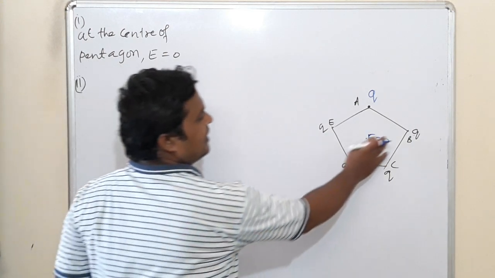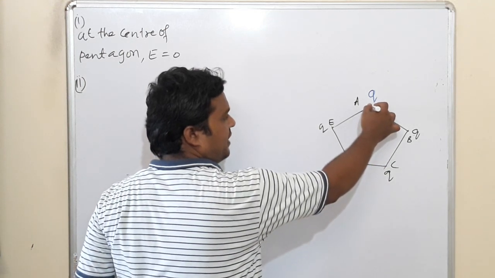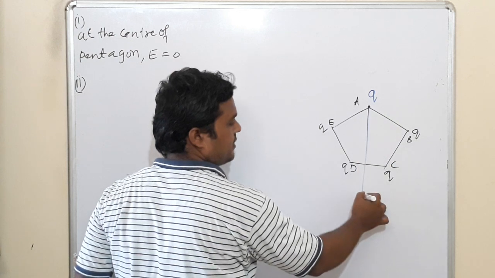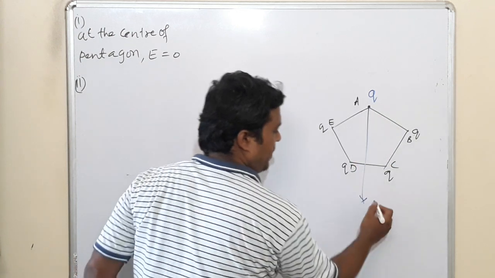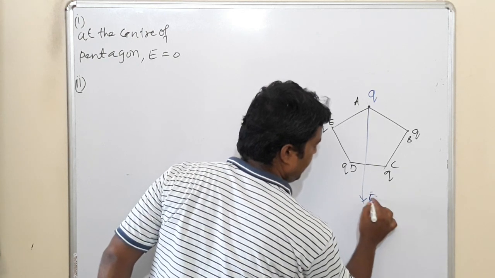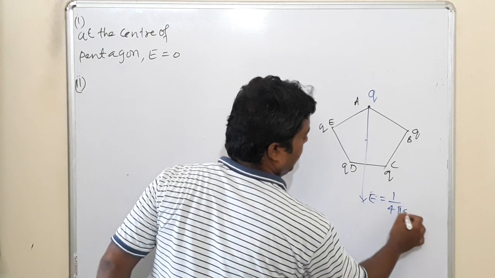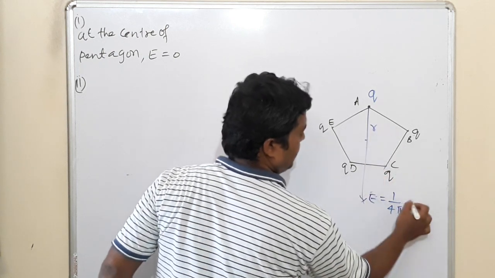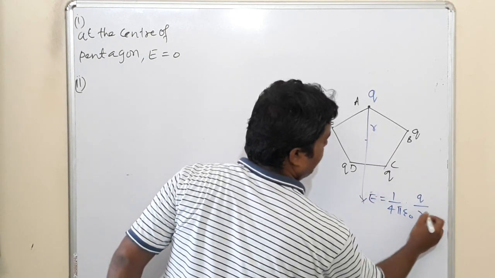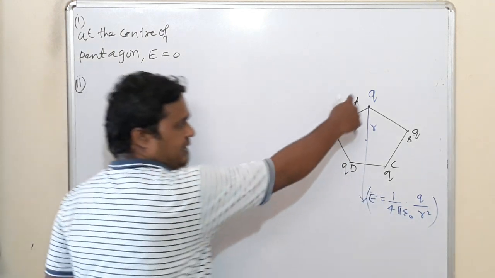That means this charge is exerting a field in which direction? In this direction. This will make a field E in this direction, E, which is nothing but 1 by 4 pi epsilon naught Q by R square, if it is present here.